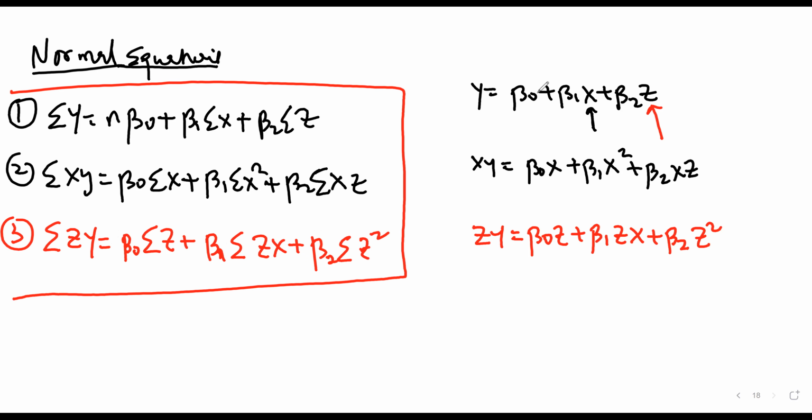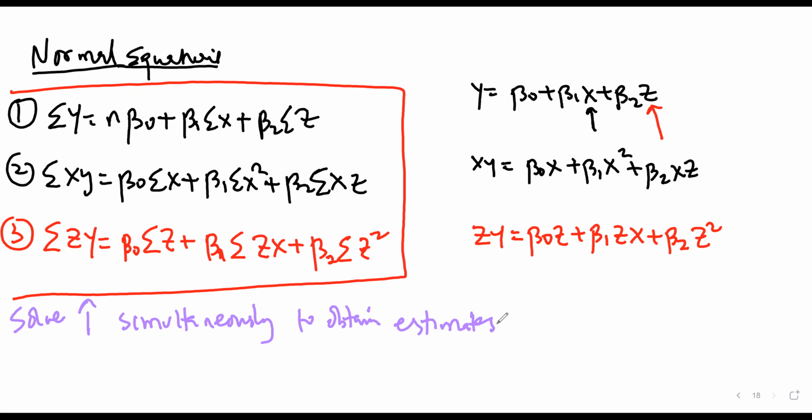We solve these simultaneously to obtain estimates of beta naught, beta 1, and beta 2. I believe at this point, you know that these normal equations come from a process of differentiation.